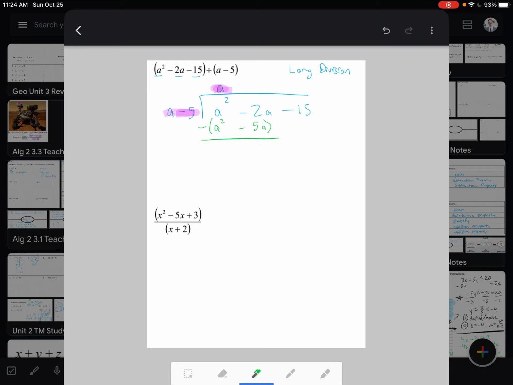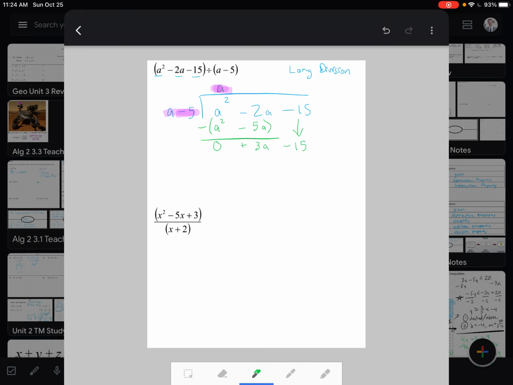We're going to subtract all of that like we were doing yesterday. What we're going to see is that we get 0 for our a squared term, which we have to do, which is good. Secondly, we get a positive 3a here. When we subtract that negative 5, it turns into a positive 5, and then 5 minus 2 gets us that positive 3a.